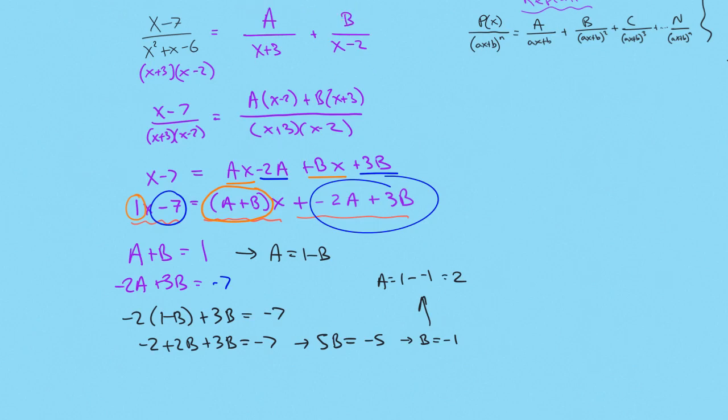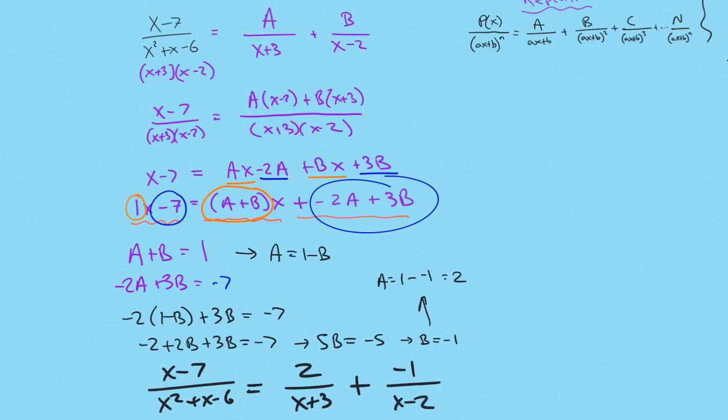So I get that this partial fraction, x minus 7 over x squared plus x minus 6, is going to be equal to a, so 2 over x plus 3, plus b, which is negative 1 over x minus 2. That's my answer. You could also write it as minus in the middle and then 1 over x minus 2.